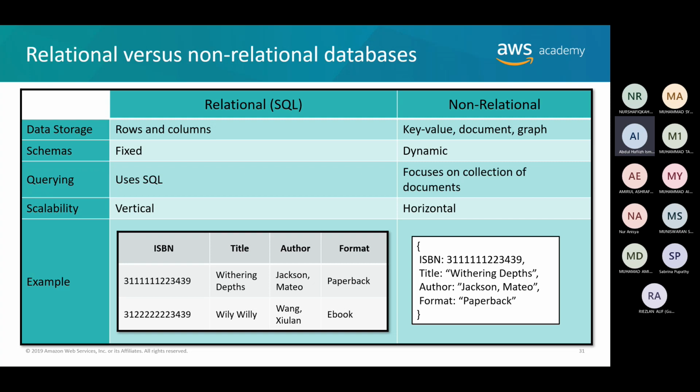Non-relational databases have grown in popularity because they were designed to overcome the limitations of relational databases for handling the demands of variable structured data. Non-relational databases scale out horizontally, and they can work with unstructured data and semi-structured data.